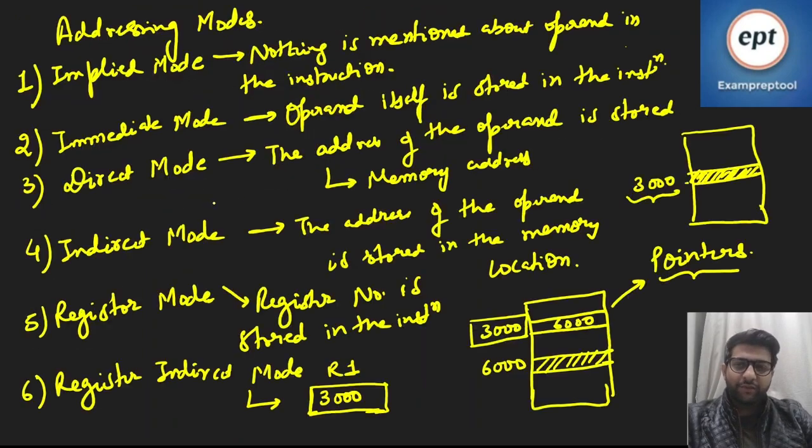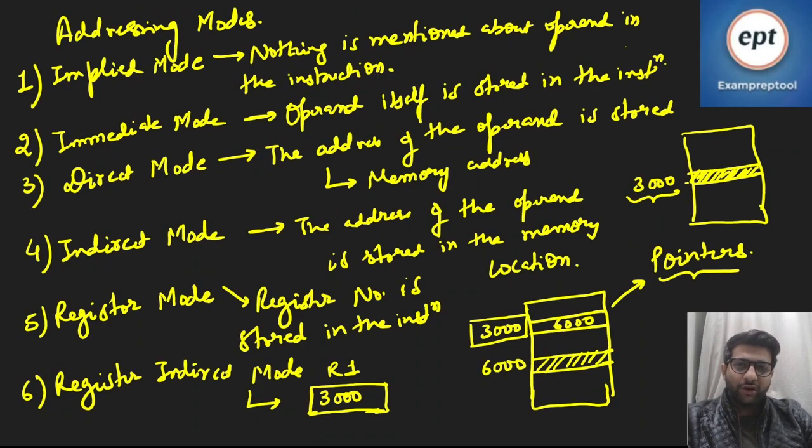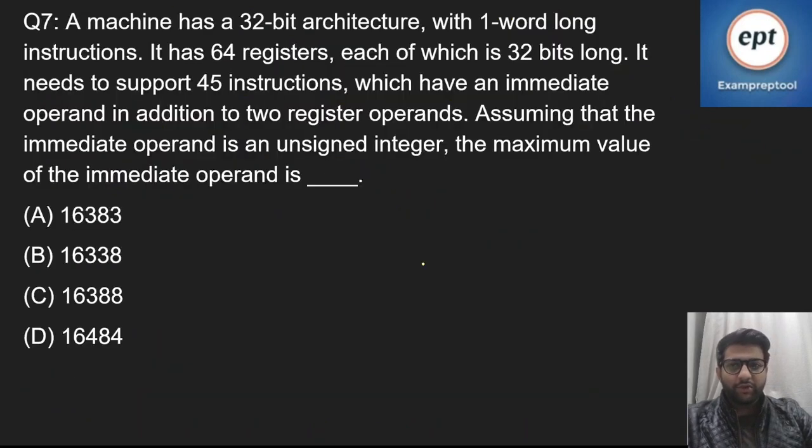So you should be very thorough with these 8 or 9 addressing modes. You should not miss even a single thing from these addressing modes. These are very important, and they can help you score at least 1 mark or even 2 marks in the GATE exam.